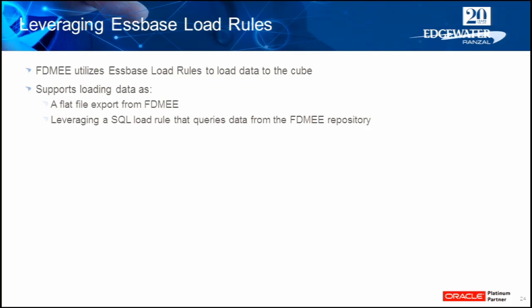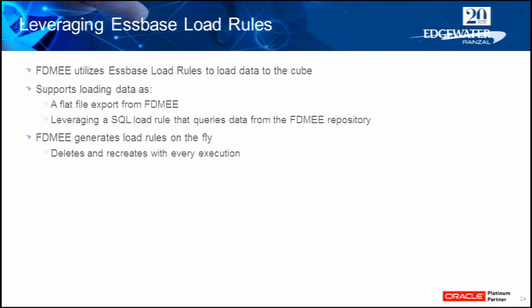Obviously, you want to use the latter from a performance perspective. There's no disk I/O writing a flat file out and then loading it into Essbase. It does it on the fly, deletes it and recreates it every time, which means don't go in and try to modify the one that it creates for you, because the next time you run your integration, guess what? All your changes got blown away.